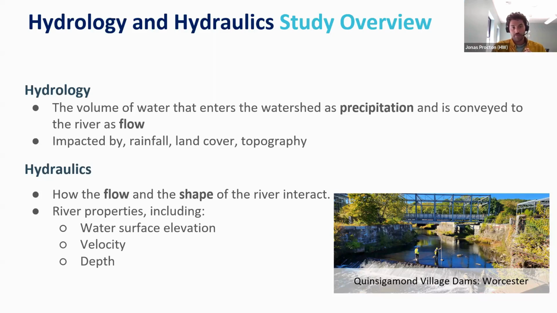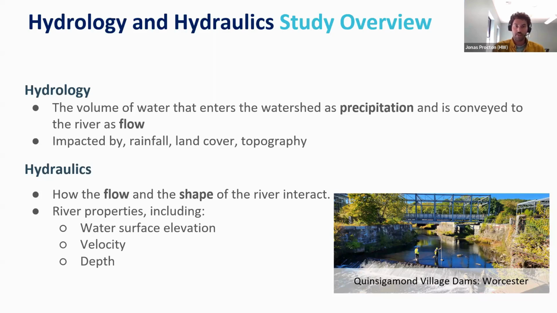How much flow ends up in a river is impacted by the amount of rain, intensity, but also the land cover of its watershed. If it's a really urban watershed, or a really forested watershed, you're going to see a different sort of hydrologic response in the river.